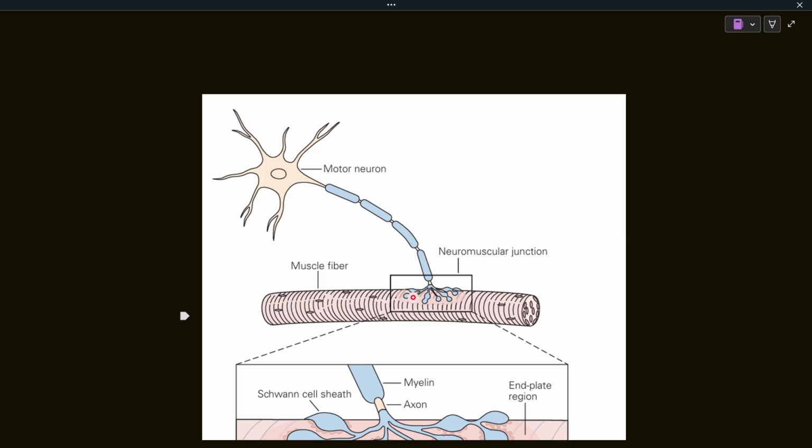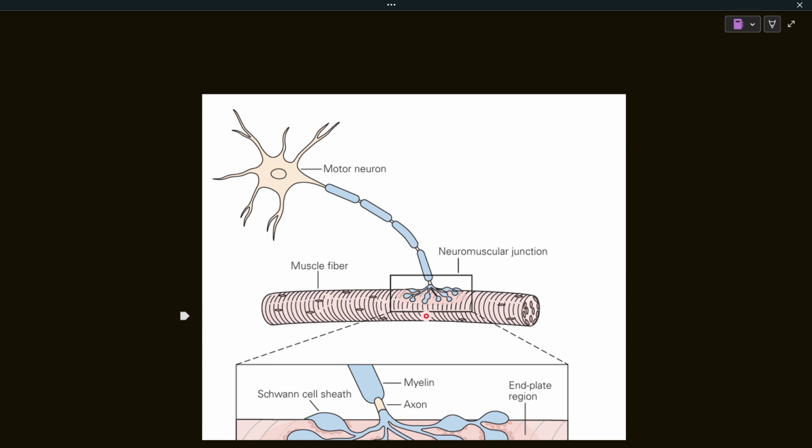So the basic signal transmission is something like this. The signal arrives at the motor neuron. The motor neuron has to give a command to a certain muscle, and it forms a neuromuscular junction. At the end of its axon terminals, the motor neuron is going to release a neurotransmitter. The neurotransmitter is here a chemical signal. It is released from the presynaptic terminal, and it opens a single type of ion channel on the postsynaptic membrane.